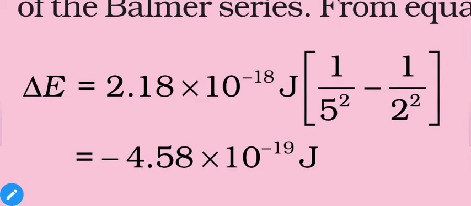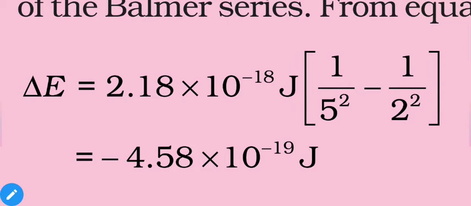We are moving from a higher number to a lower number, so obviously it will emit energy. The value of the emitted energy can be obtained using this equation: delta E equals 2.18 times 10 raised to minus 18, that means the Rydberg constant, into the bracket 1 upon Ni square minus 1 upon Nf square. That means initial state and final state. The initial state is 5, so Ni equals 5, and finally it is moving to the second orbit, so Nf will be 2.